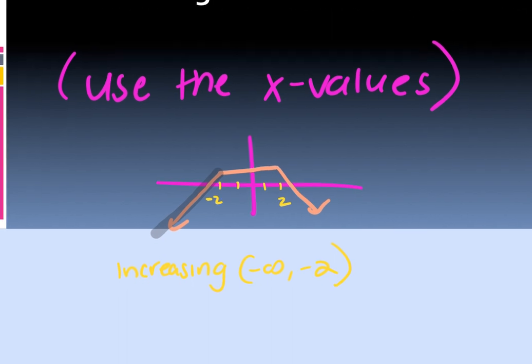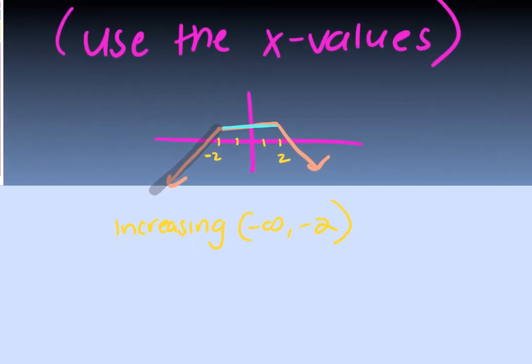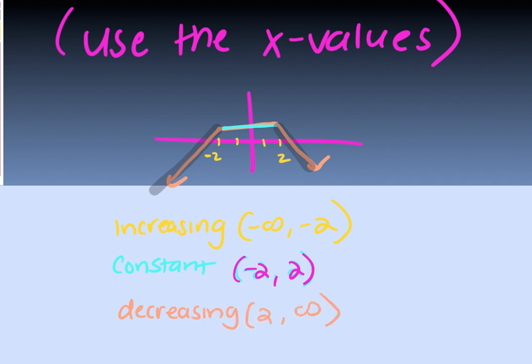Then it's kind of not horizontal, but my intent was to make that horizontal. Then it would be constant from negative 2 with a parenthesis to positive 2 with a parenthesis. And then it comes back down again, so it'd be decreasing from 2 to positive infinity.